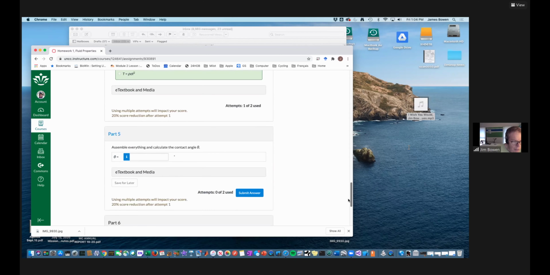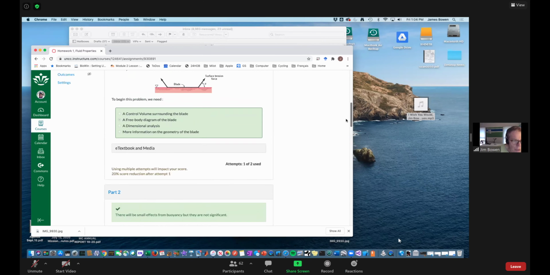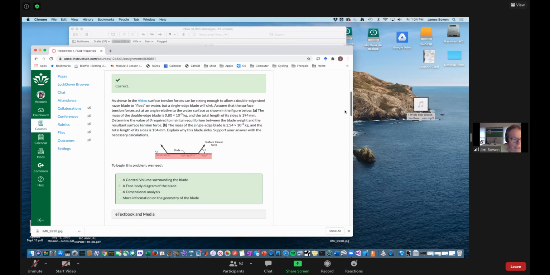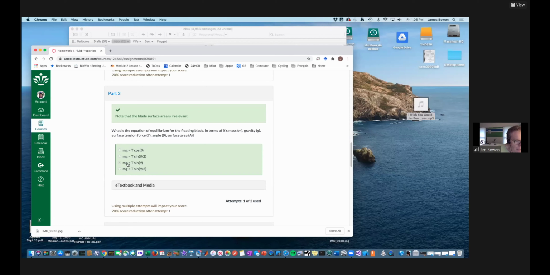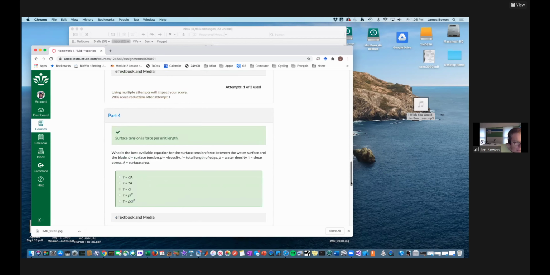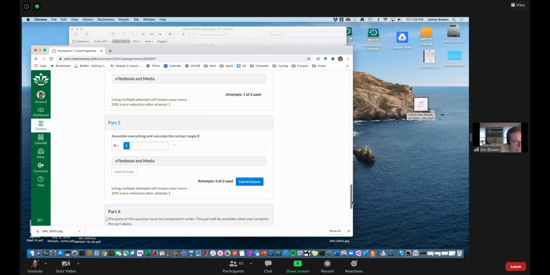It wants us to calculate the contact angle. So I guess what I would do for this is use our equation here for the double edge razor, and that equation for T, and then calculate the angle.